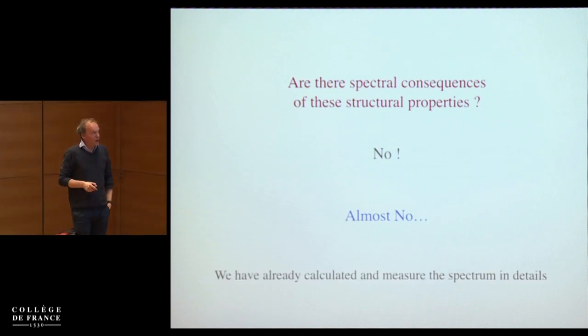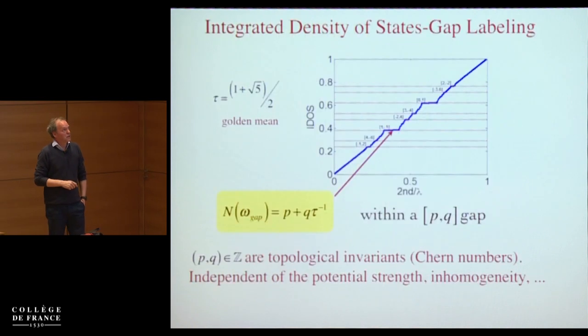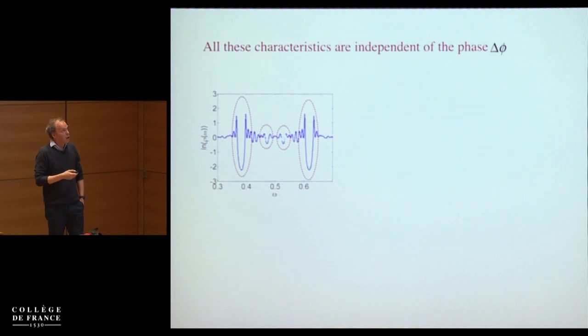In fact, we have already calculated and measured the spectrum in detail. This is what I said at the beginning. So this is the spectrum that we obtained. I remind you, those pictures, we obtained this gap labeling theorem and all those beautiful values, Chern numbers, whatever, all what we said. And all those characteristics are independent of the phase delta phi.